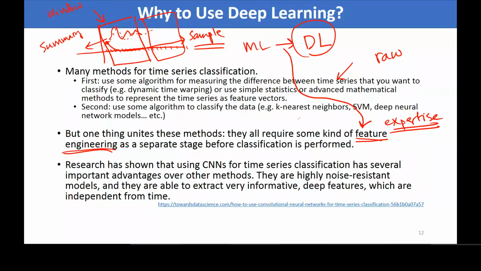But what we want to do, we want to use just deep learning. And research has shown actually in many other domains like computer vision and natural language processing that it's very powerful to just jump into deep learning because you don't need to use feature engineering.